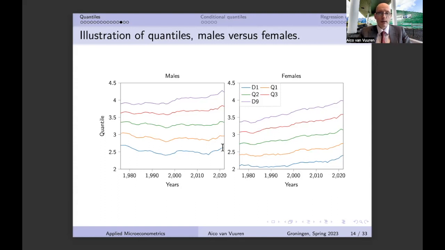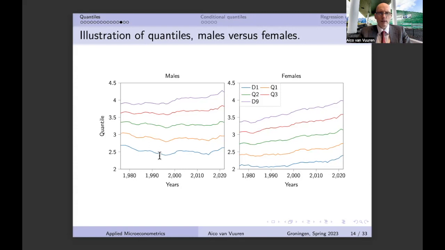However, if we compare this figure over here with that figure over there, these men at the bottom of the wage distribution make, even in the year 2021, less than in 1975. Taking into account that this is almost 50 years, and in all those 50 years there were no real wage increases for males, and if we look at the period in between, we actually see pretty big decreases.